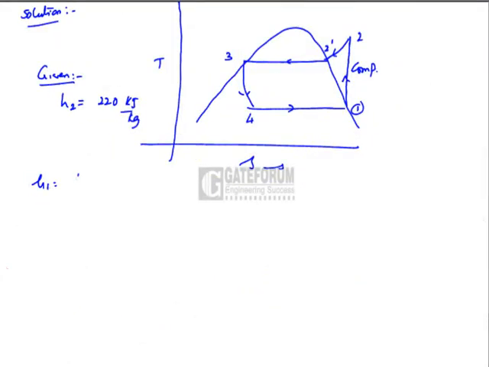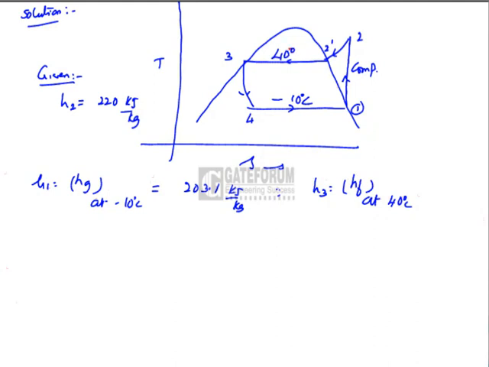H1 is Hg at evaporating temperature of minus 10 degrees centigrade, that is 203.1 kilojoule per kg from the table. H3 is HF at plus 40 degrees centigrade, the saturation temperature corresponding to condenser pressure, it is 74.53 kilojoule per kg.